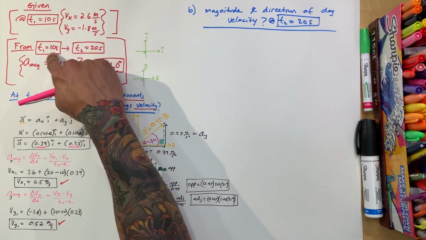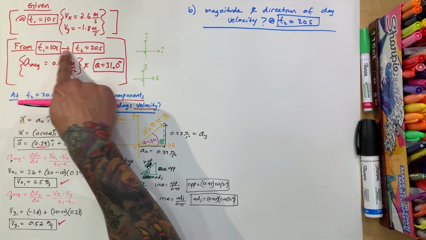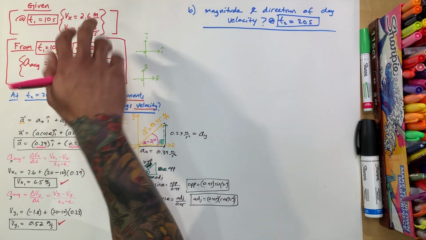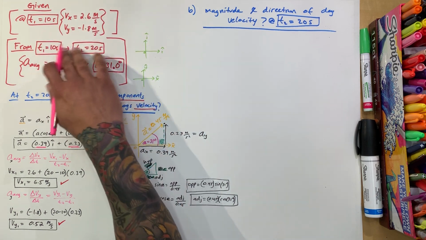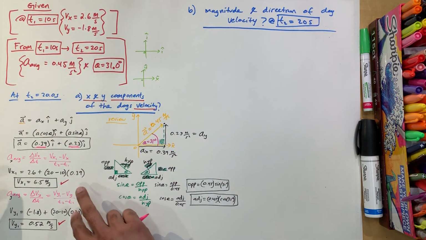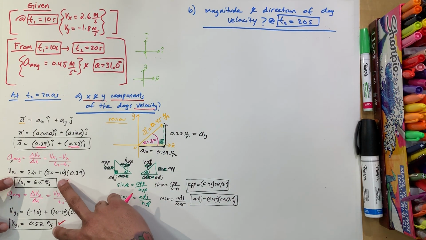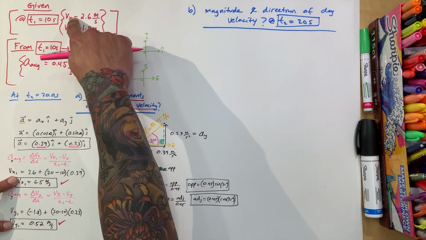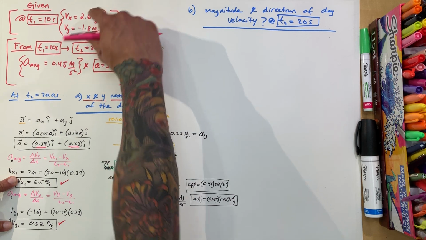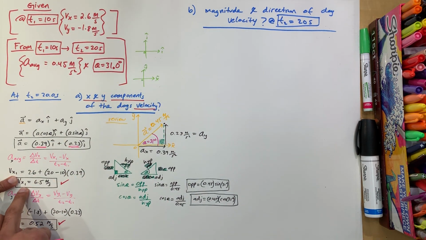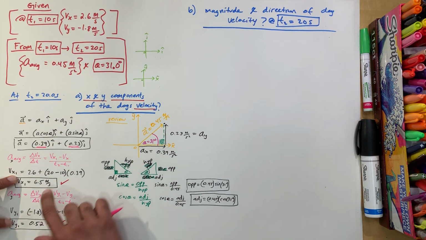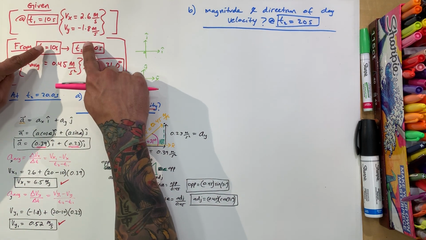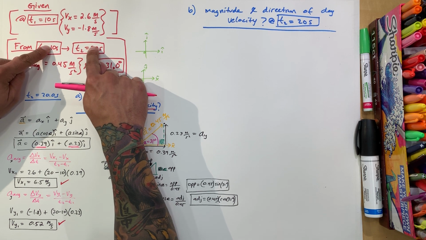Then from t1 to t2, which was a difference of 10 more seconds that passed in this region, the dog is now going at these velocities in these directions. So Vx, Vy are the original, and Vx1 and Vy1 are the new velocities that the dog is going in this time interval.